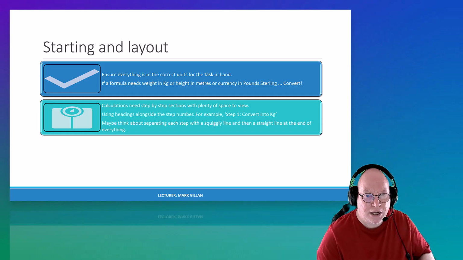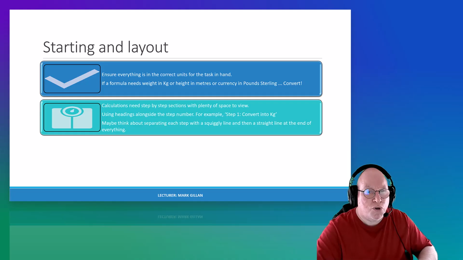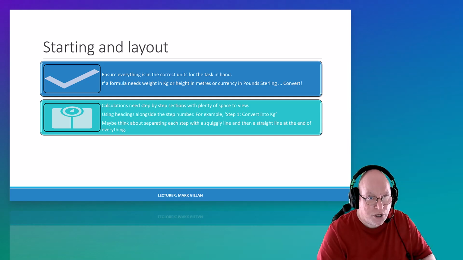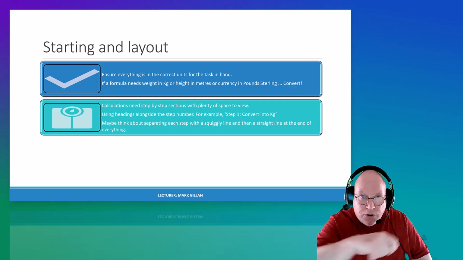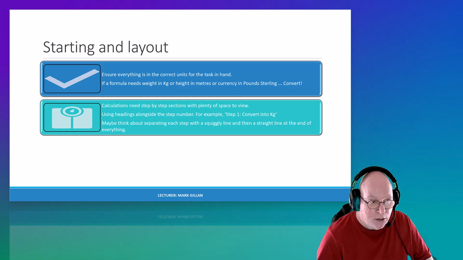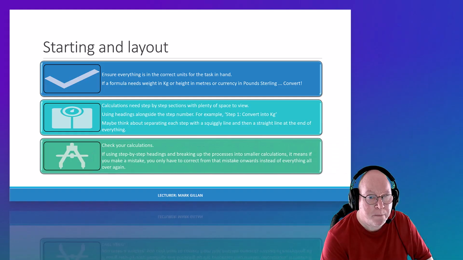You need plenty of space for step by step. Do it in steps. Don't try and do everything all in one go. Put headings in there for each step as well, so that somebody else can check your work when you're in the industry, so that I can check your work, but also you can check it yourself so you know where you've been. I use a squiggly line in between, so maybe you could think about that one.